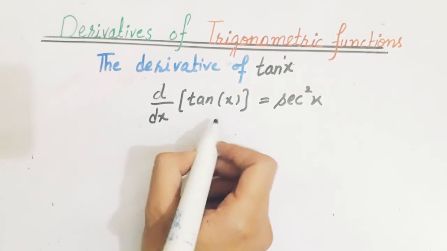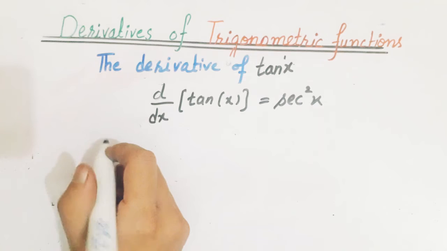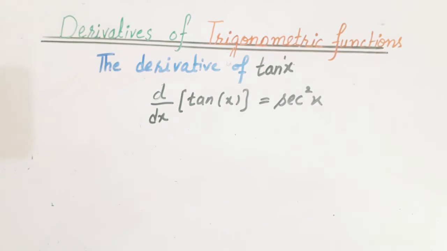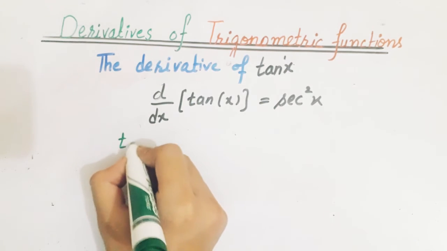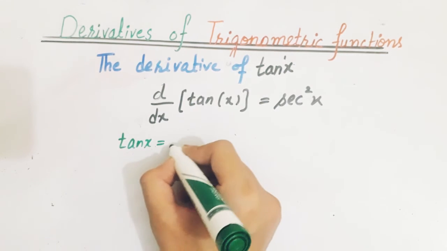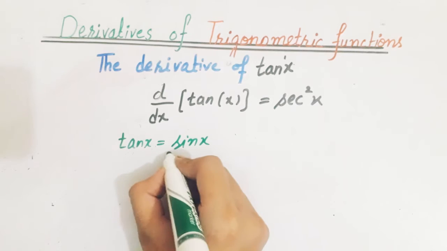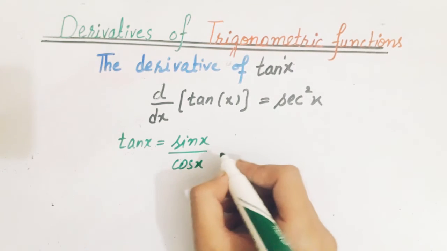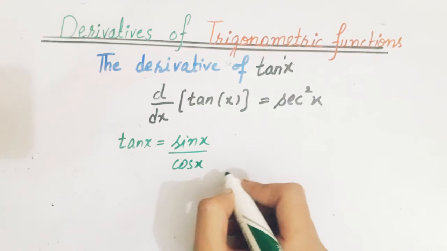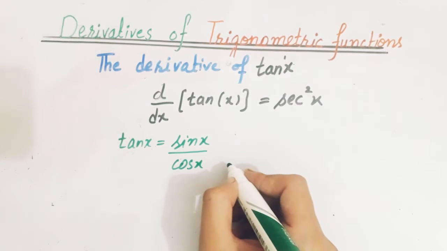Mostly students ask why secant square x, because we know that tan of x equals sin x by cos x, and here we apply the quotient rule.